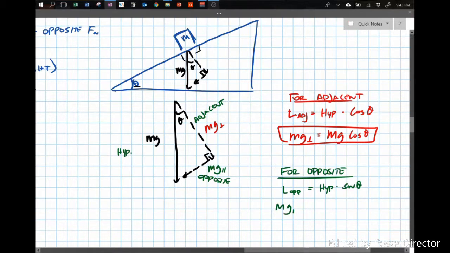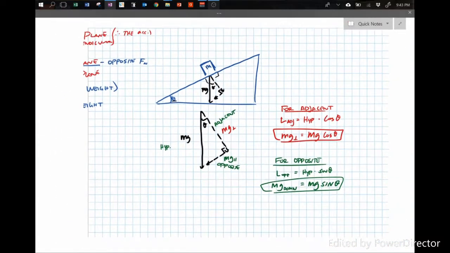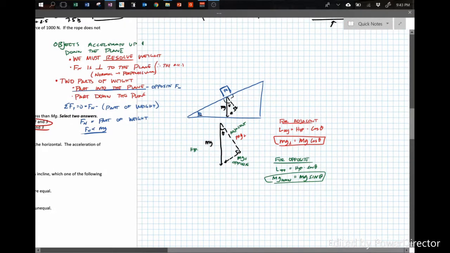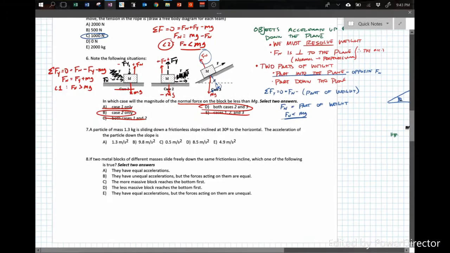We could say mg down, that's fine. It's just what part of the weight that we're talking about is equal to mg times sine of theta. There are times when it's going to be important to be able to find this. So we'll kind of zoom out for that part of the question. We'll move on to the next one.